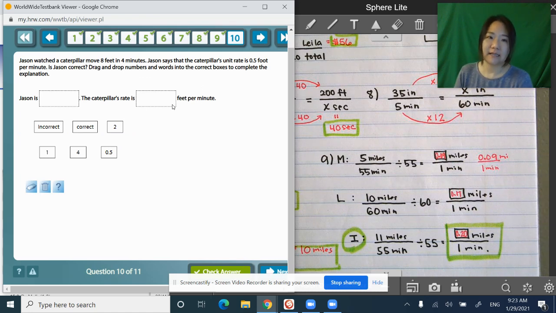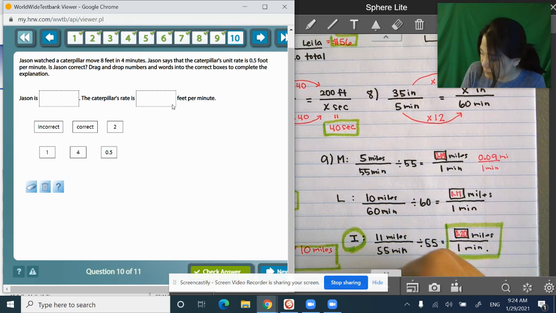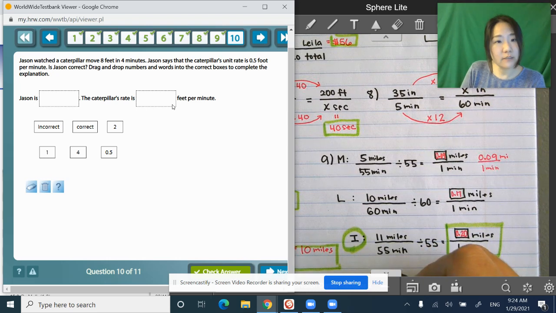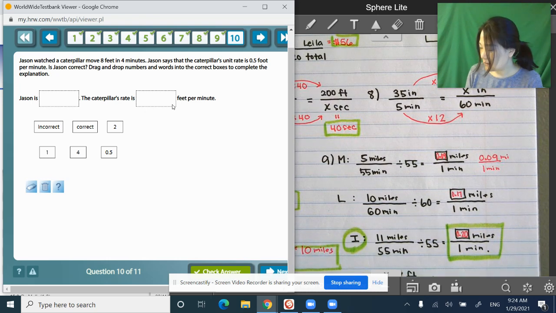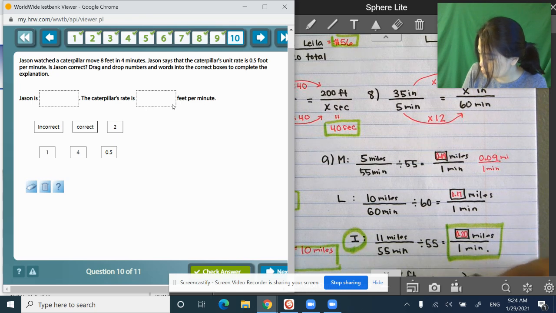Jason watched the caterpillar move 8 feet in 4 minutes. Jason says the caterpillar's unit rate is 5/10 foot per minute. Is Jason correct? So first, I need to find the unit rate. So I'm going to put 8 feet over 4 minutes, divide by 4 to see what I get. 8 divided by 4 is 2, 2 feet for 1 minute.